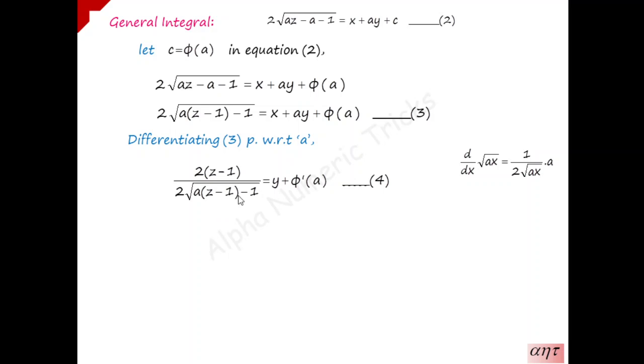Here in the place of a you have z minus 1, so you write like this, z minus 1 into this 2, is equal to, here the differentiation of x with respect to a becomes 0, and the differentiation of ay with respect to a is y, plus the differentiation of phi of a with respect to a is phi dash of a. Number that equation as 4. Now this 2 gets cancelled, and then eliminating a between 3 and 4, we can get the general integral for this problem, because we can't simplify further, as the function phi of a is not known to us. That's why we conclude our problem like this.